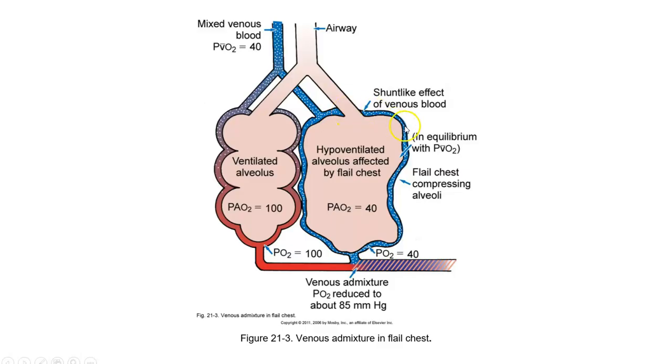So as the blood is coming in, the flail chest is compressing against the alveoli. We're basically not getting the oxygen that we need into the alveolus, especially because of the pendeluft. So when we mix those two together, our PO2 can be reduced, coming out of the lungs back to the left side of the heart.